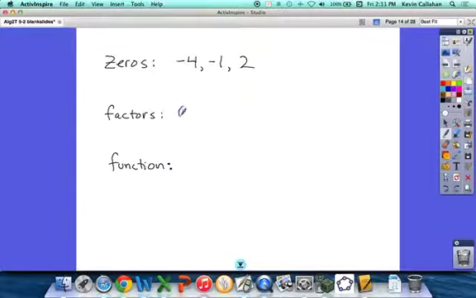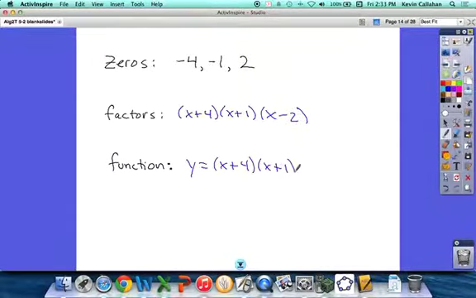X plus 4, x plus 1, x minus 2. Okay, then what would the function be in factored form? Y equals x plus 4, x plus 1, x minus 2. Right? The factored form of the function.